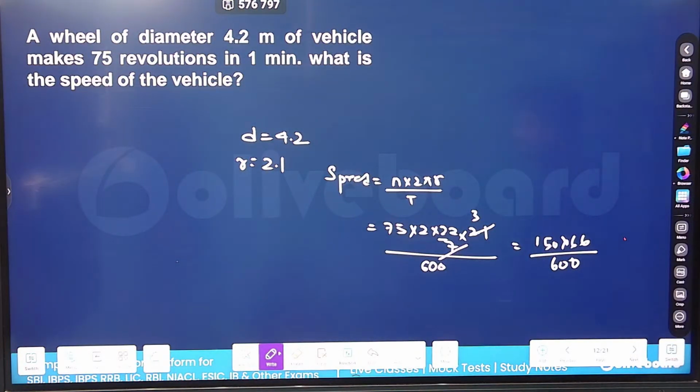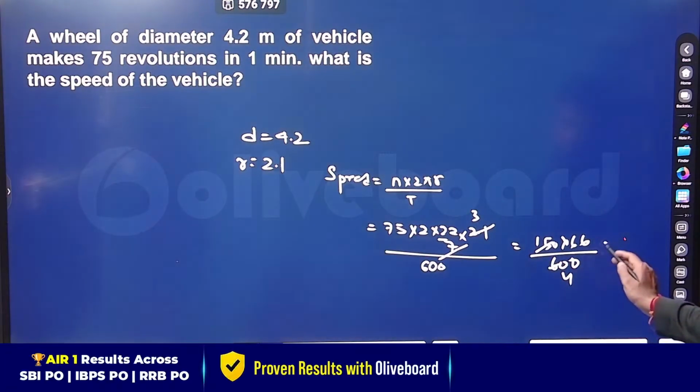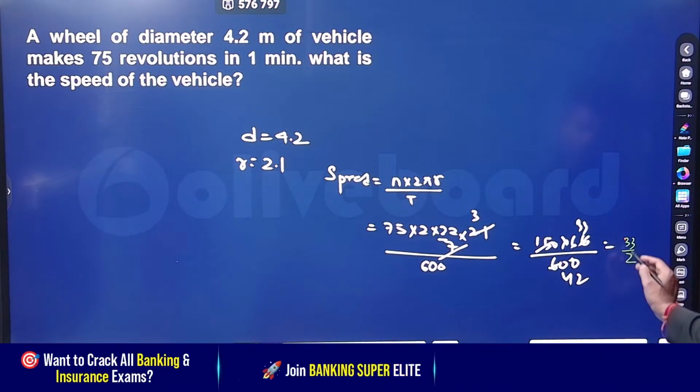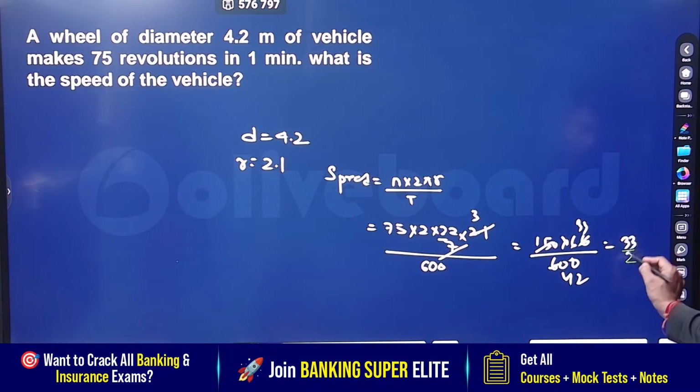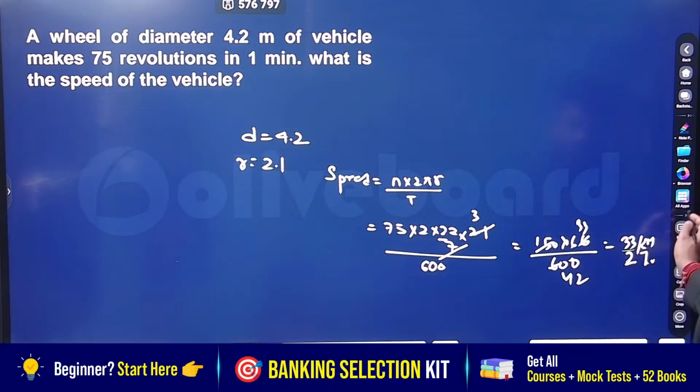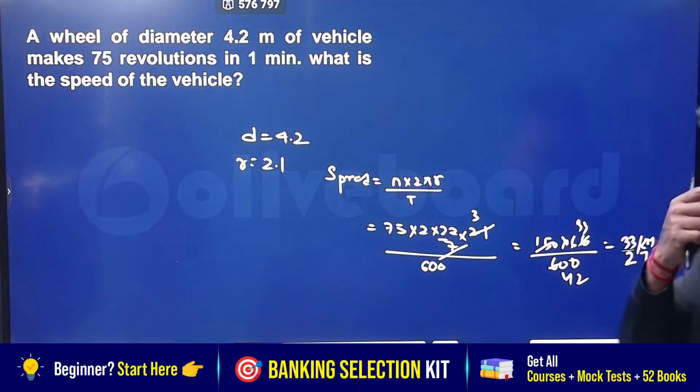Clear? This will go 4 times, this will go 2 times. 3 times 33 by 2. How much? Kilometer per hour. Clear? This is 33 kilometer per hour.